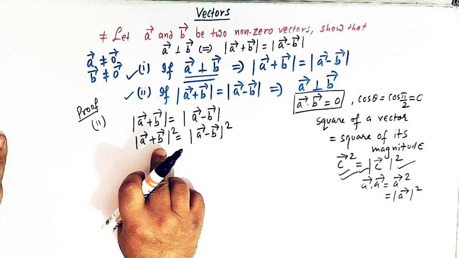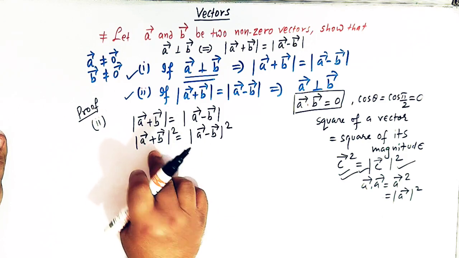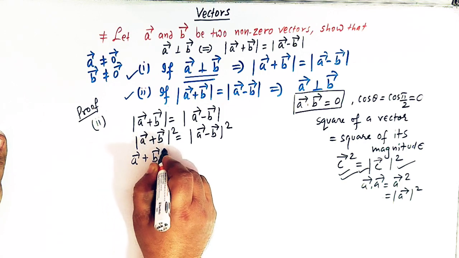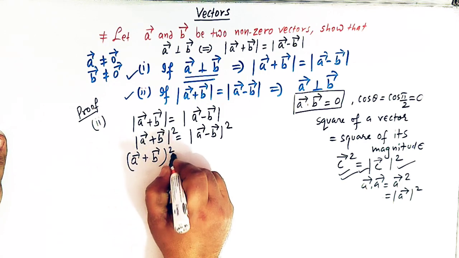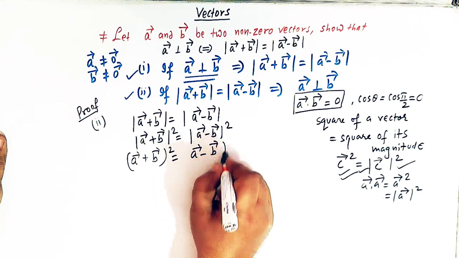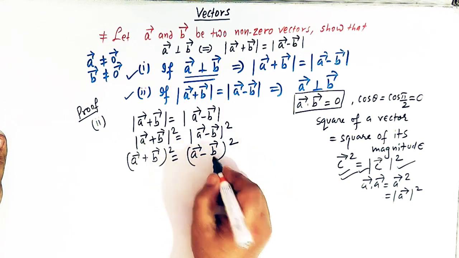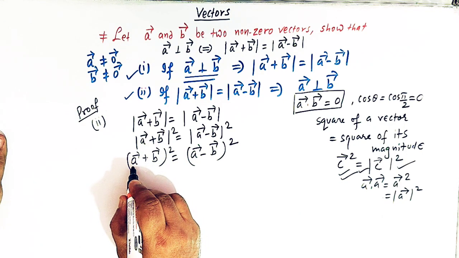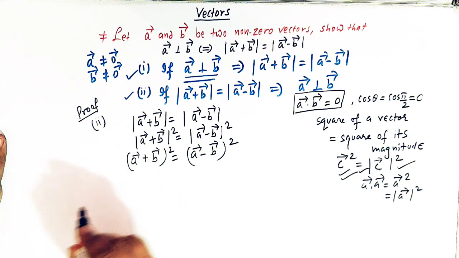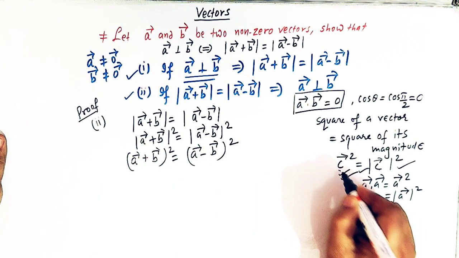So the left hand side is replaced by the square of the vector a plus b, and here also we have the square of the vector a minus b, due to this result.